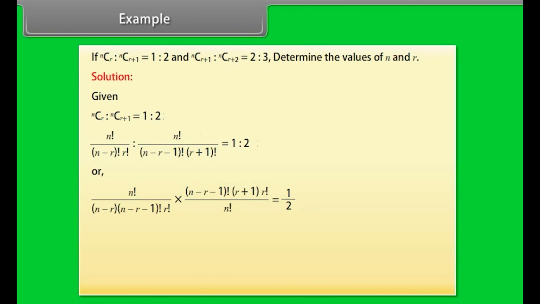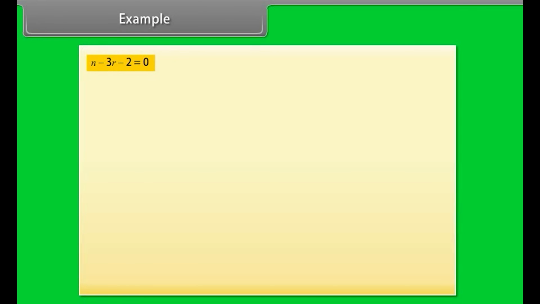Simplifying, r plus 1 by n minus r is equal to 1/2, or n minus 3r minus 2 is equal to 0. Name it as 1.